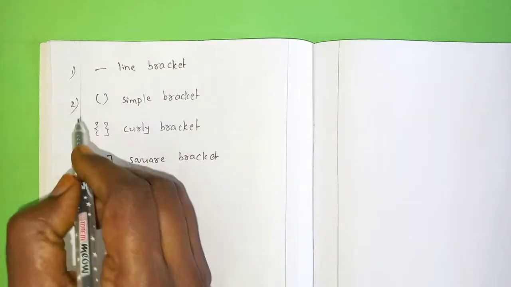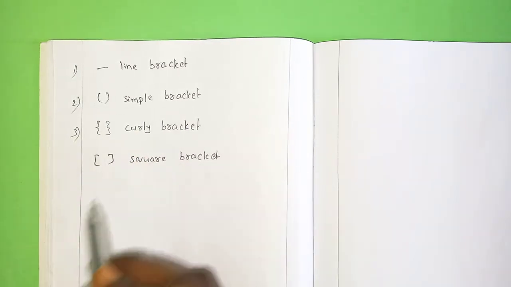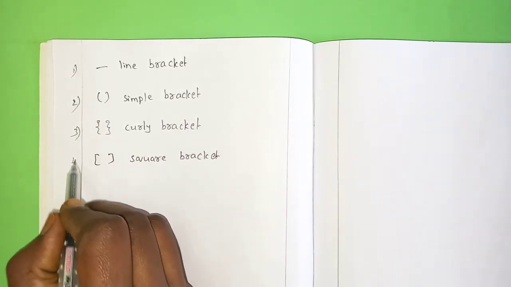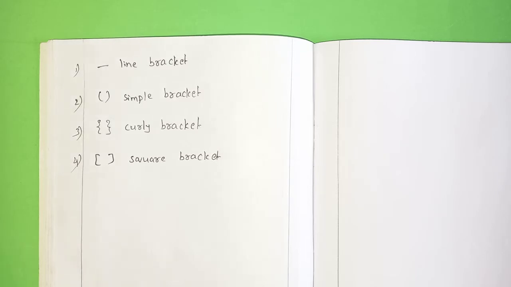Line has the first priority, simple brackets the second, curly brackets the third, and at last square brackets have the last priority. I hope you understand how to apply the operations and how to use the brackets. Let us move to exercise 3.4.